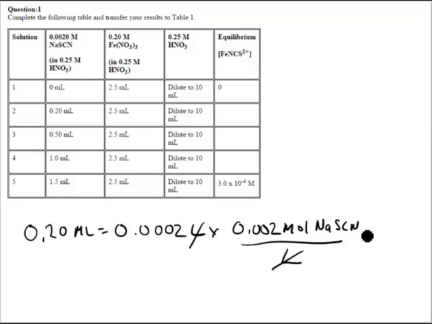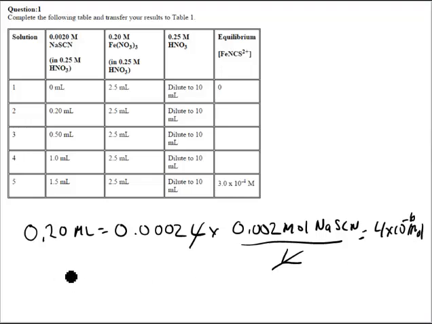Multiply those together, and that tells you then the number of moles. This one is 4 times 10 to the -6, and that's the number of moles, not molarity.